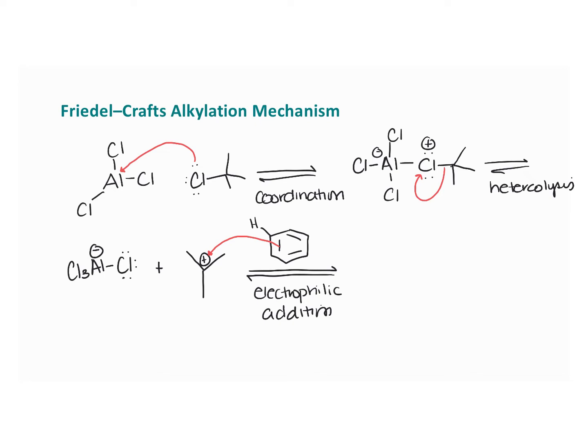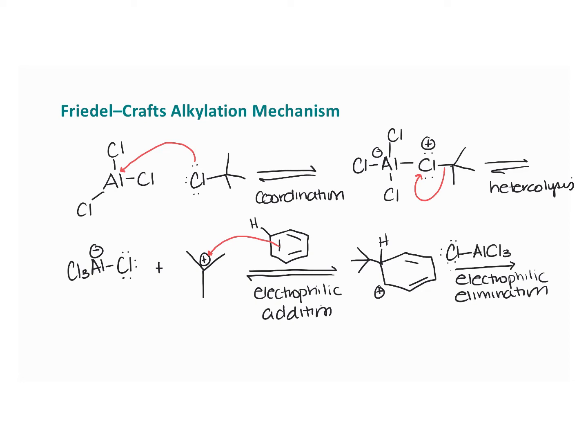When that happens, what you're going to see here is this intermediate, and then this will go through an elimination, where these electrons will come here.